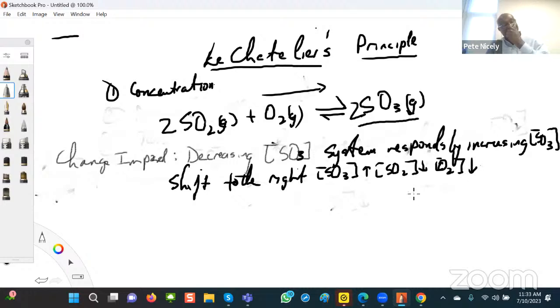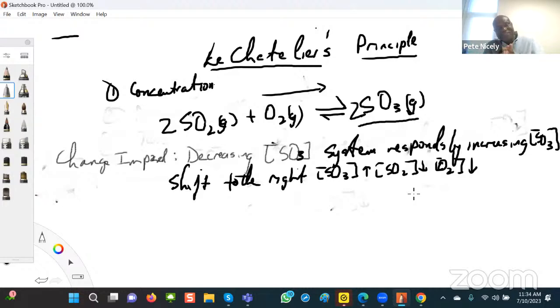All right. And that's it. That's basically how just changing the concentration of one component in a mixture changes the equilibrium shift.